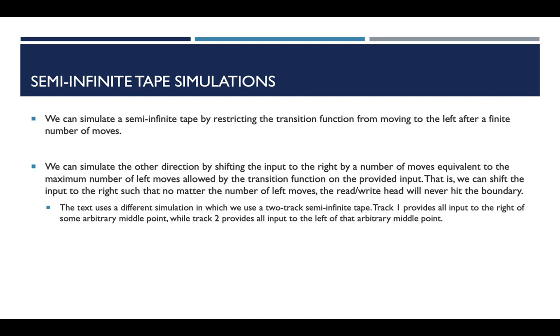We can simulate the other direction by effectively taking the input as it is on the original semi-infinite tape of the machine, picking it up and then moving it to the right a number of moves equivalent to the maximum number of left moves that we see in the transition function. And because we do that, we never actually hit the left-hand boundary.